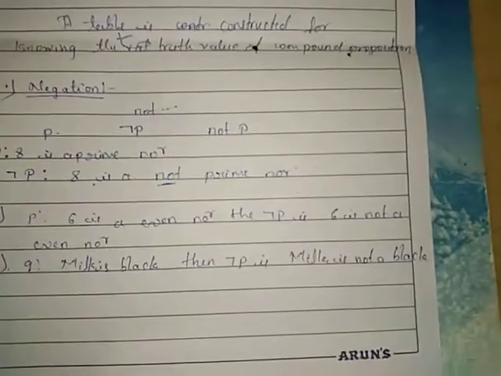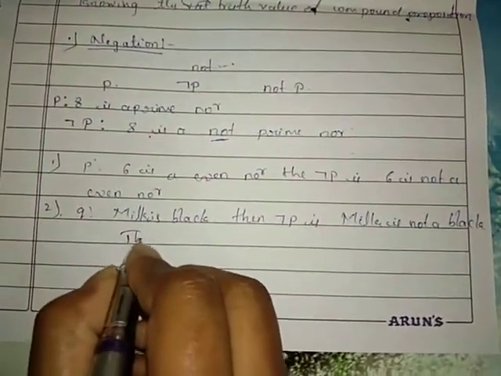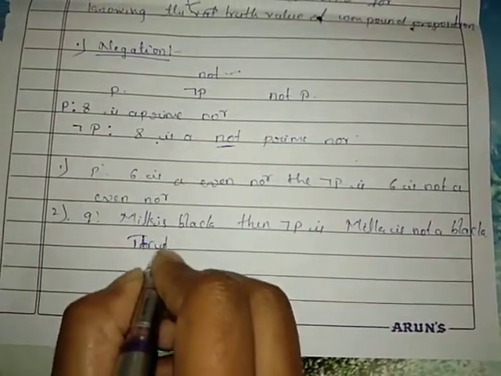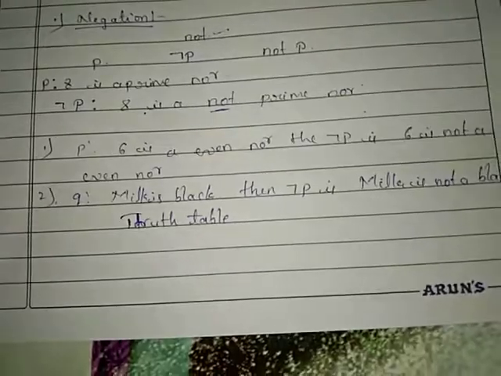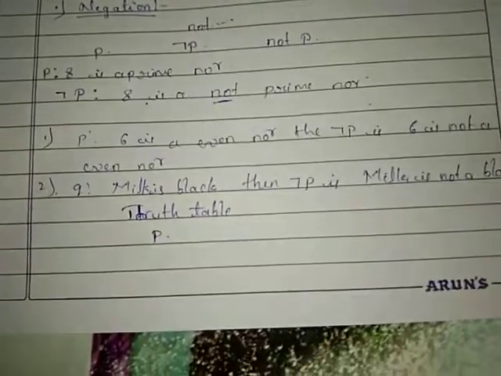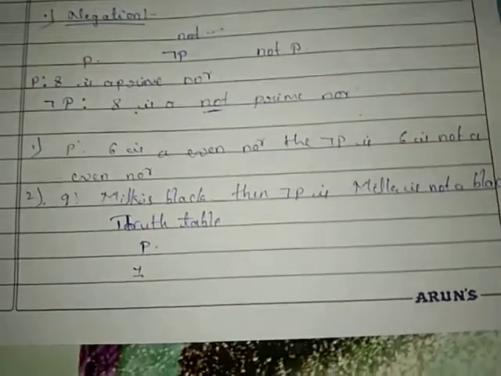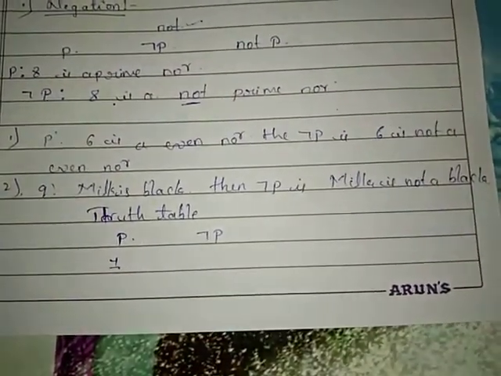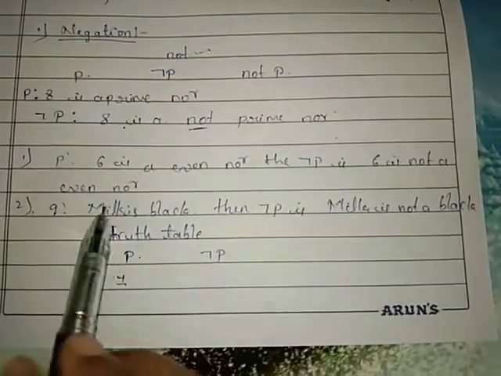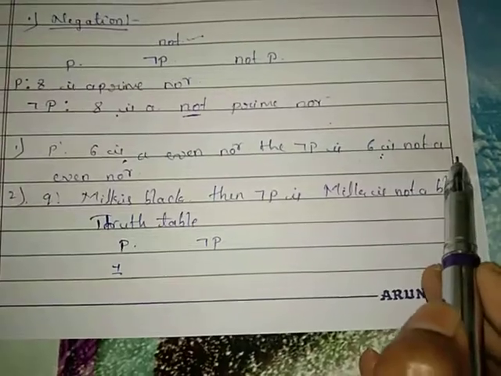Now I am constructing the truth table for the negation. Suppose P is your sentence, and suppose the sentence is true, that is the symbol 1. Then the negation of P is, if 6 is a prime number, then the negation is 6 is not a prime number.